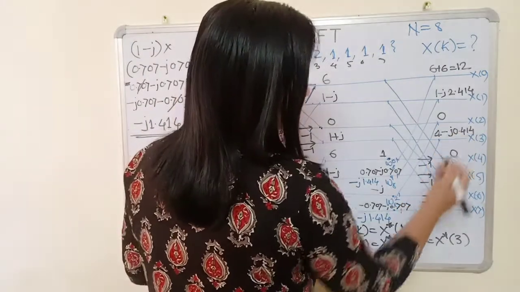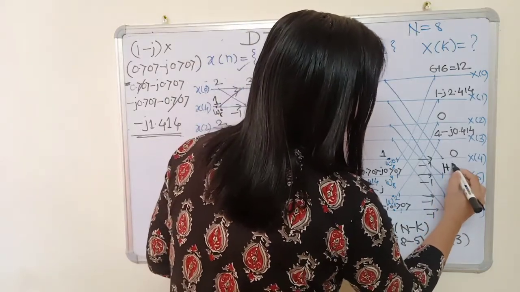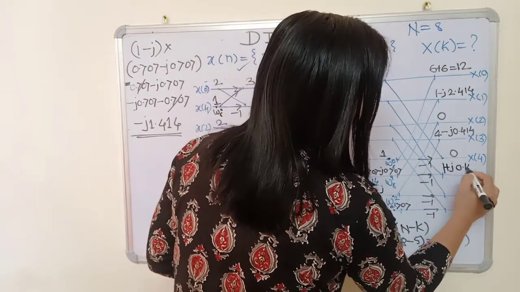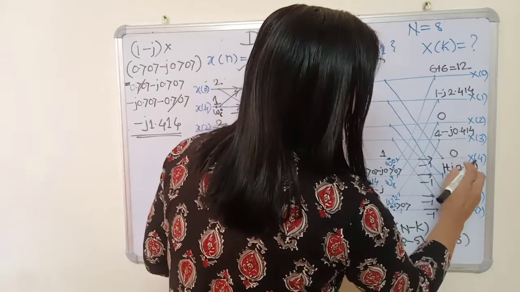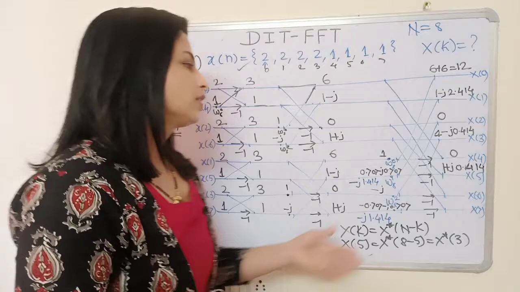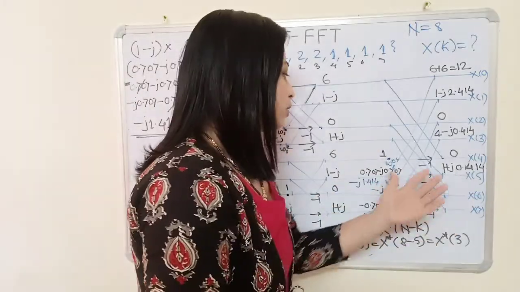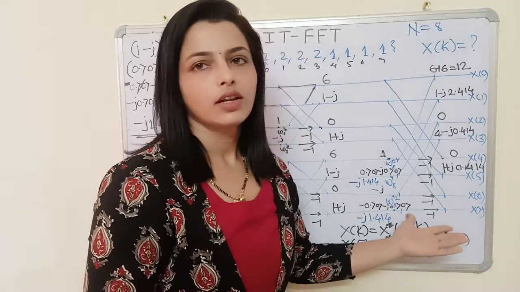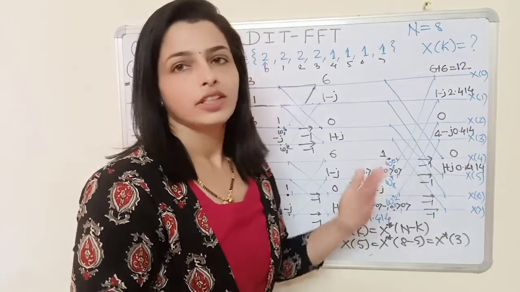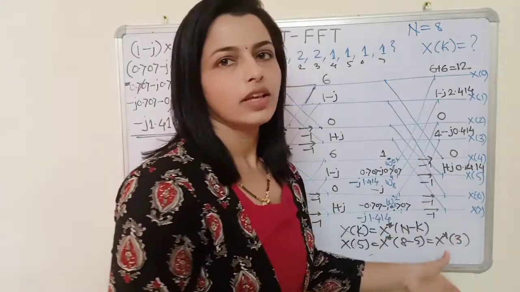So 1 minus j, that will become 1 plus j 0.414. So this is easy calculation compared to what we do, because here minus symbols are also involved. So calculation can become wrong, or otherwise you can check the answer after the calculation.